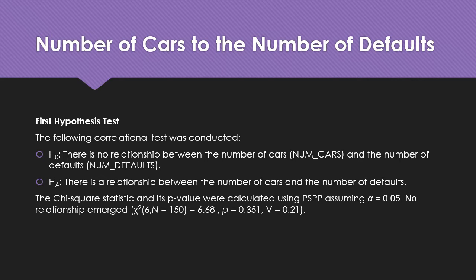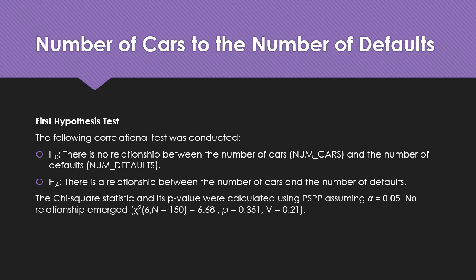The p is 0.351. Now, as we usually do, the alpha is 0.05, and if the p-value is less than that, that's when we can reject the null hypothesis.